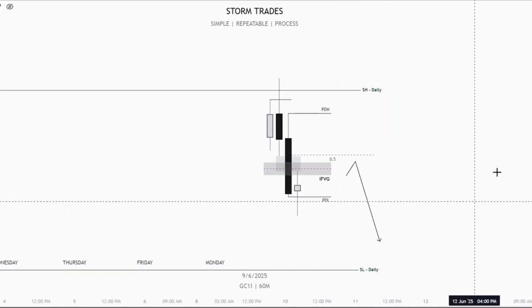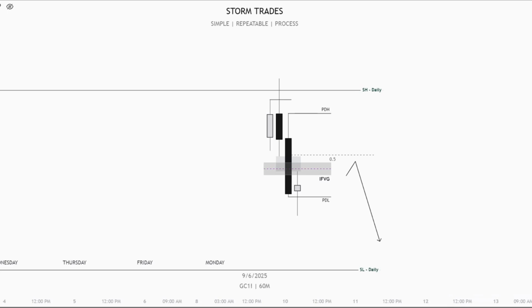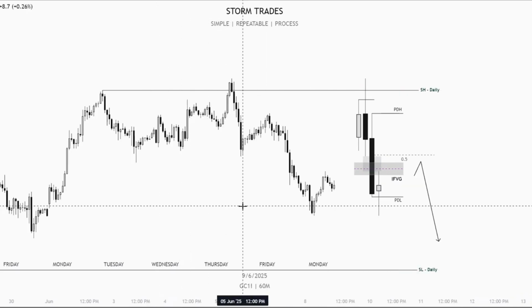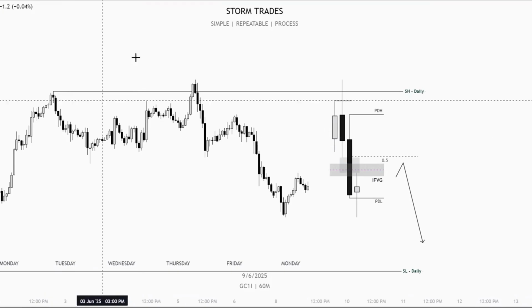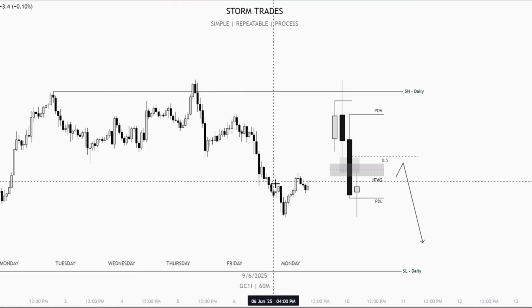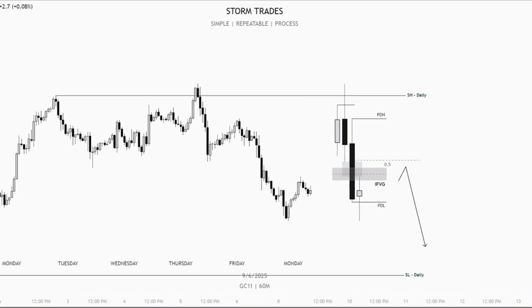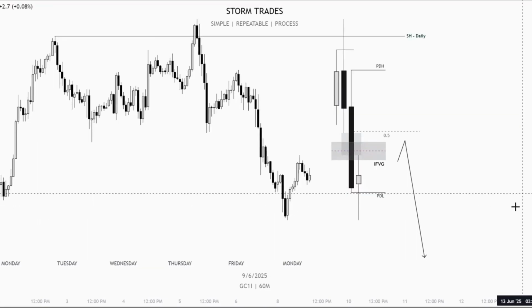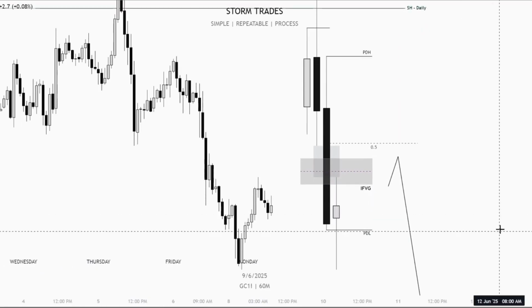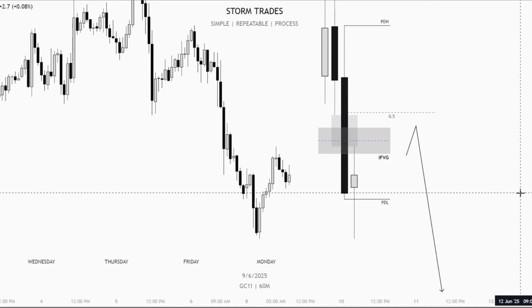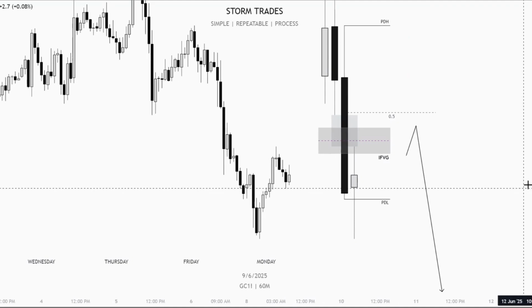So I have a daily bias that's bearish, but when I go to the hourly time frame, and this sort of looks bearish as well, right? And we're coming down here, but I'm looking for the most recent change in the state of delivery that can be confirmed by the presence of fair value gaps, right?